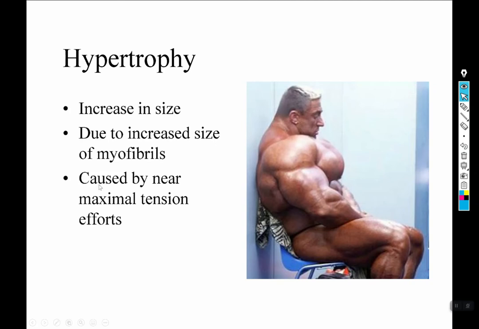And this is caused, if you're not cheating, by near maximal tension efforts, which reinforce the need to add more myofibrils. Basically, use it or lose it. If you're overusing, your tissues will hypertrophy in response and say, oh, we're experiencing lots of tension, we should probably add more myofibrils to deal with that increased demand. And that's what happens.